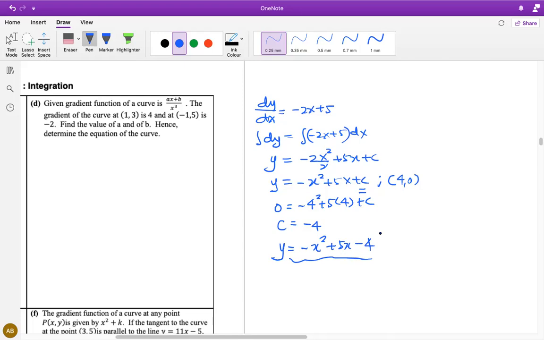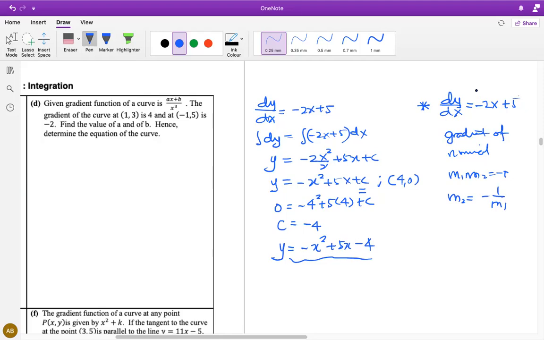We can check whether this answer is correct or not. Let's do dy/dx on it, so we get -2x + 5. Since we want the gradient of the normal, m1 times m2 equals -1, so m2 equals -1 over m1.